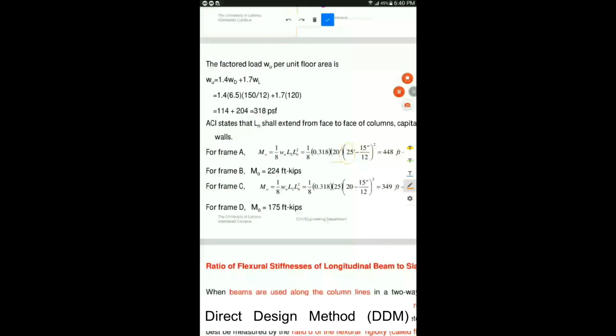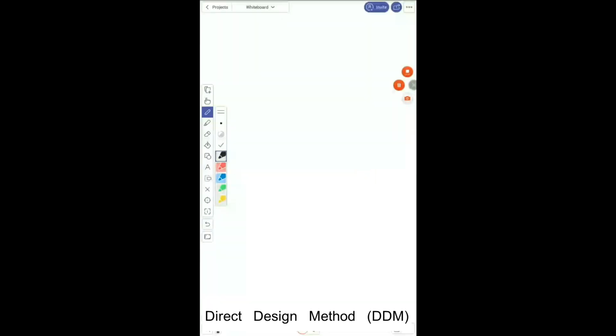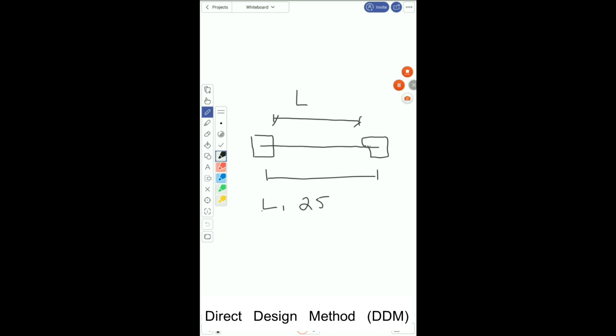For example, I just want to explain this. The center to center dimension for us is 25 feet, which is L1 for us, but we need Ln, which is this one. This will be Ln, the longitudinal clear span.